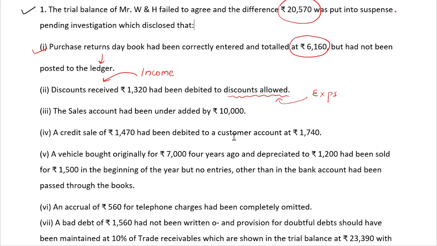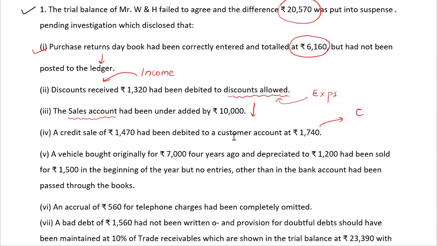Just see the third one. The sales account had been under added by 10,000 rupees. We have decreased the sales by rupee 10,000. If you will decrease the sales, the profit will inflate obviously. The profit of the year will show 10,000 less and not more because you have decreased the sales. I believe you understood. Let's see fourth. A credit sale of 1470 had been debited to the customer at 1740.